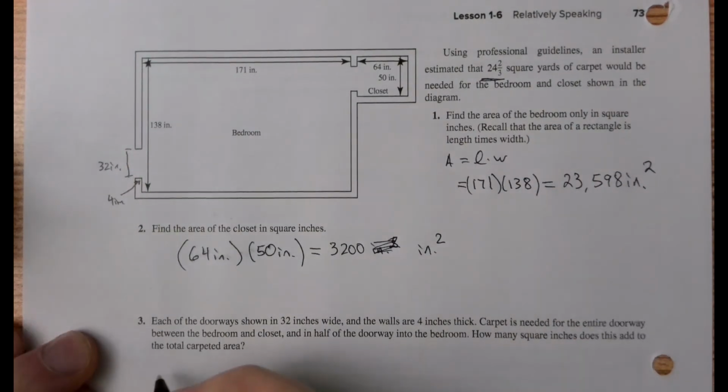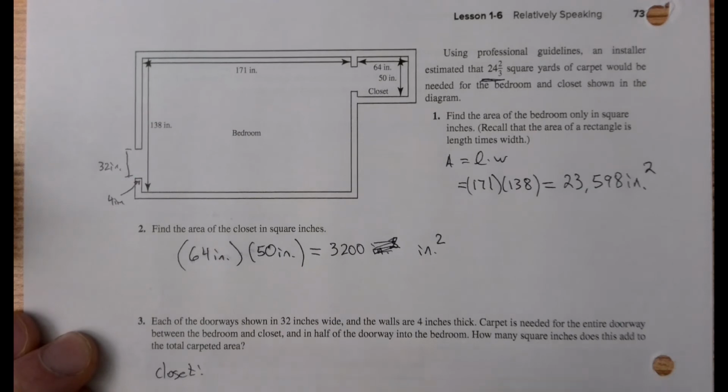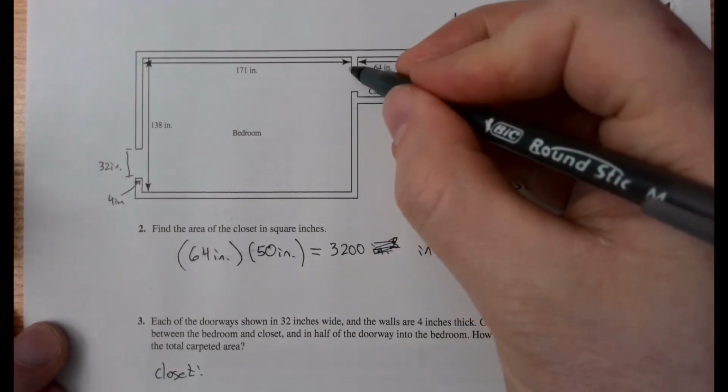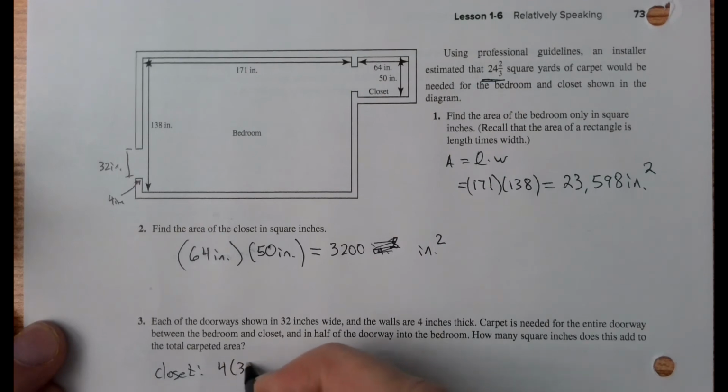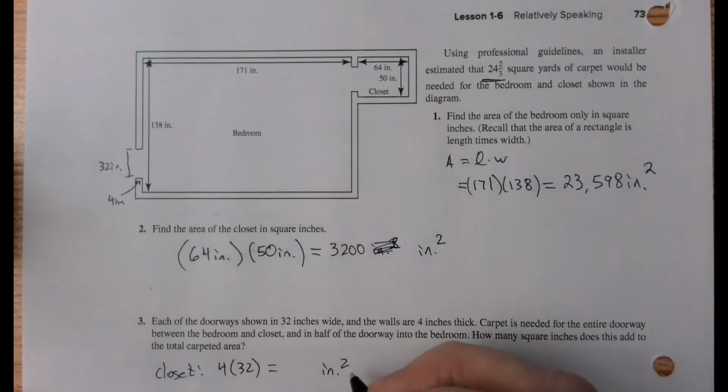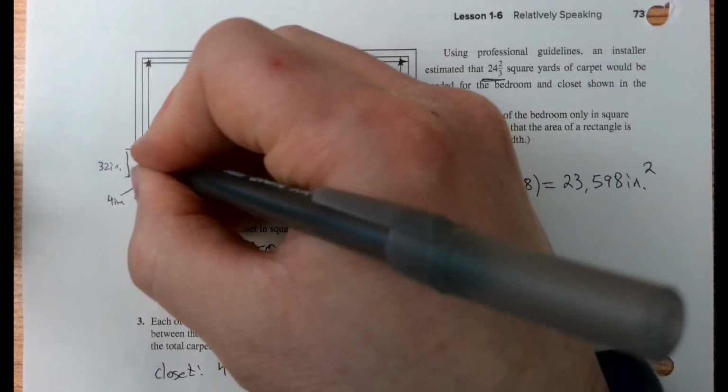We can do these in two separate calculations. For the closet, the amount of area for this portion is simply 4 times 32, and that would be in inches squared. For the doorway, it's half that.